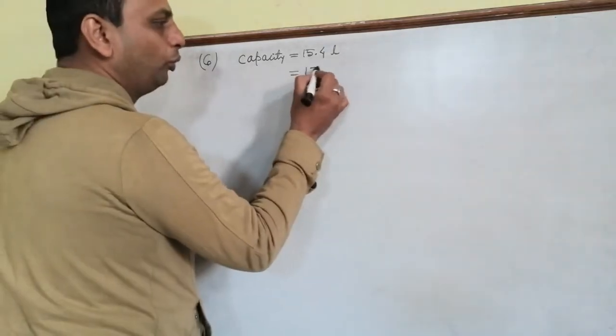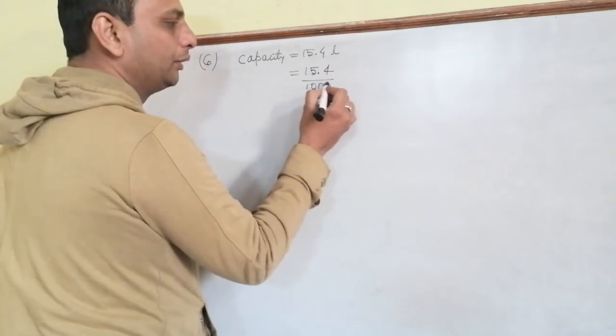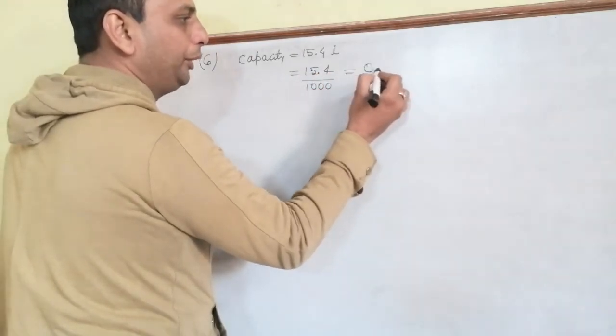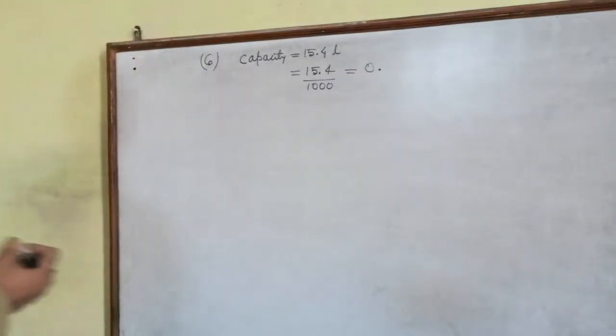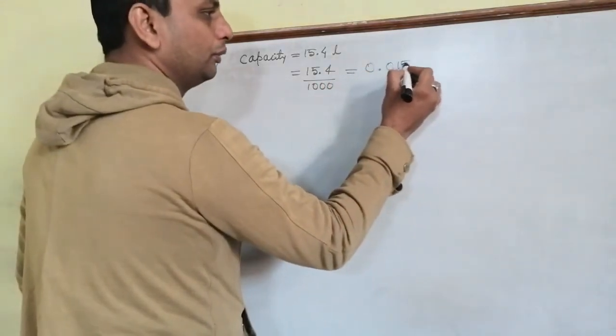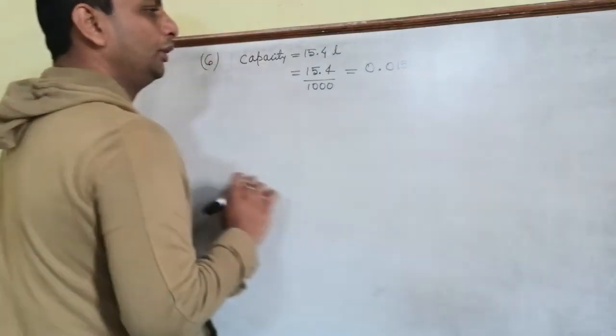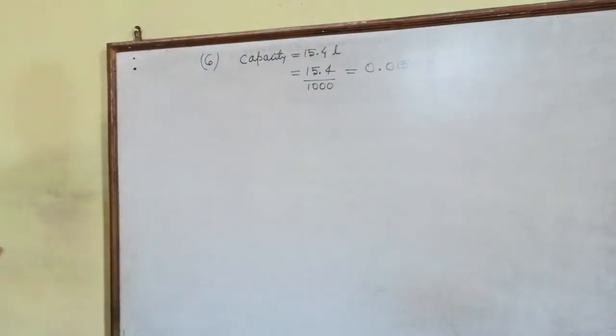So 5.4 divided by 1000, so it will be 0.0054 meter cube. This is the volume in meter cube.